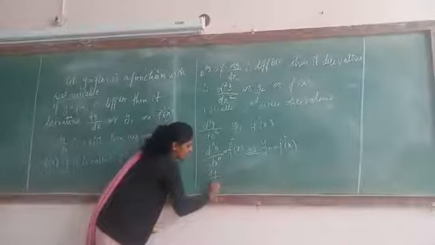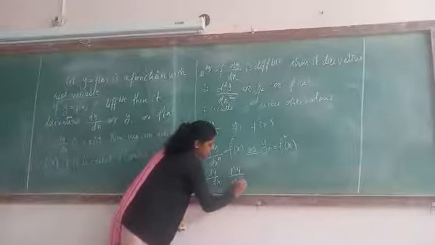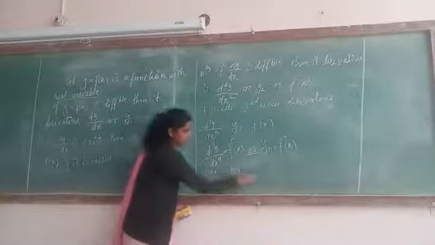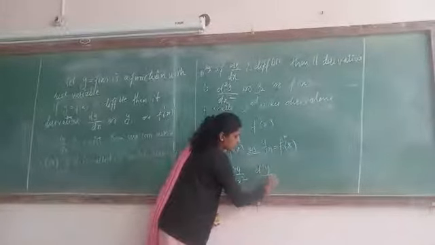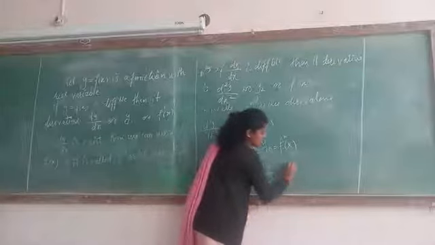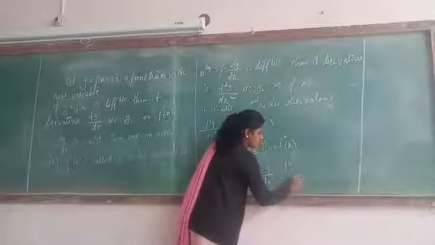See, dy by dx is the first order derivative, then d square y by dx square. If we differentiate this, we will get d cube y by dx cube. If we differentiate this, we will get d to the power 4 y by dx to the power 4.